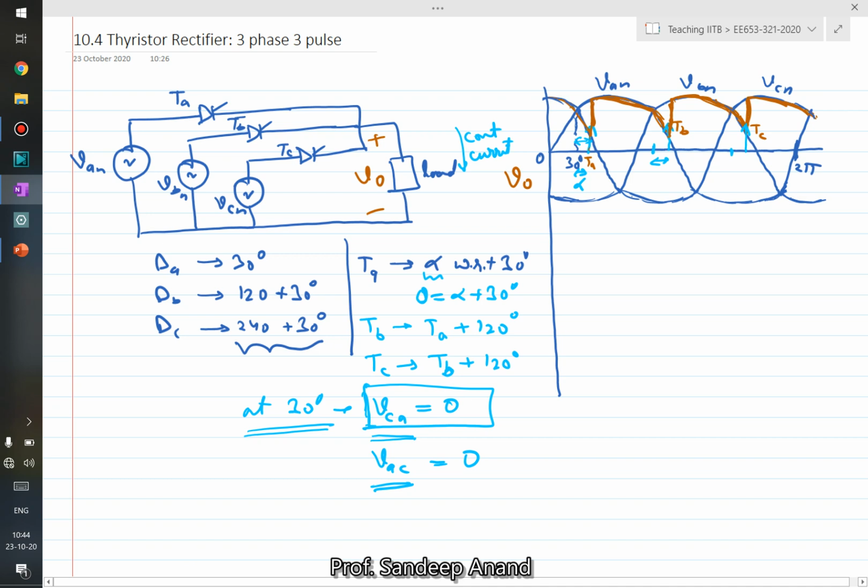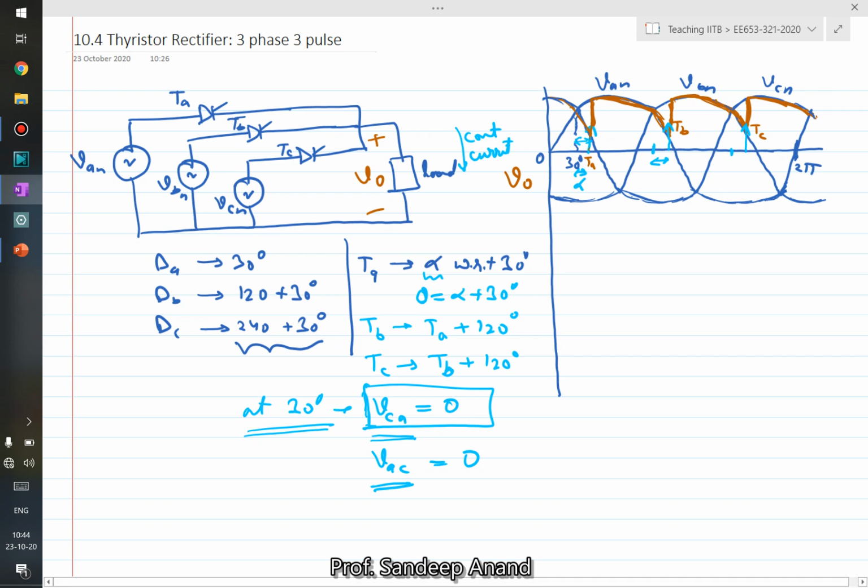Now once we have drawn the output voltage waveform, let us also try to find the average value of the output voltage. How do we calculate it? We can calculate the average value of the output voltage by integrating. This is a 3 pulse circuit, so the 360 degrees is divided similarly among all the 120 degrees intervals. So we'll find an average over 120 degrees, and that would be the total average.